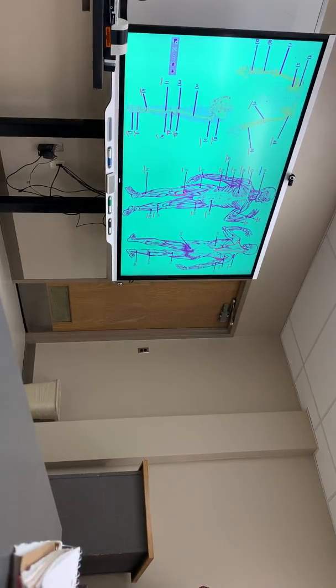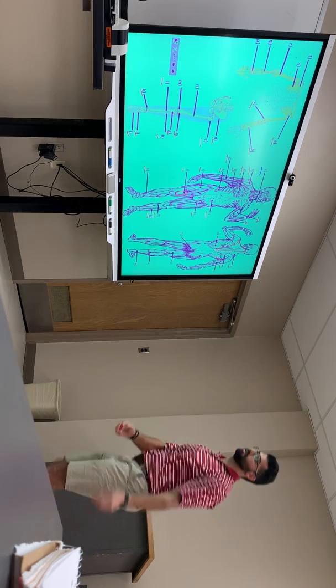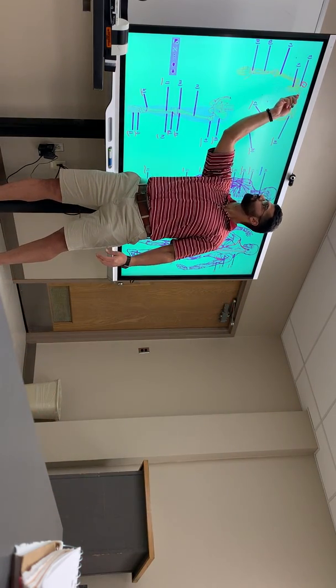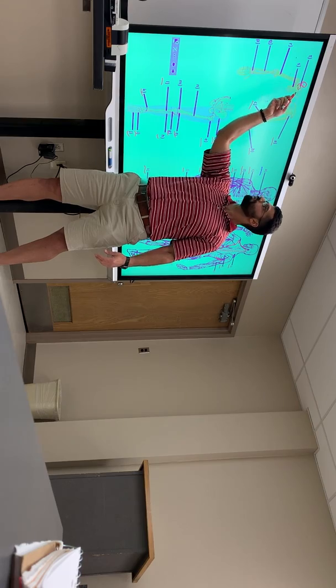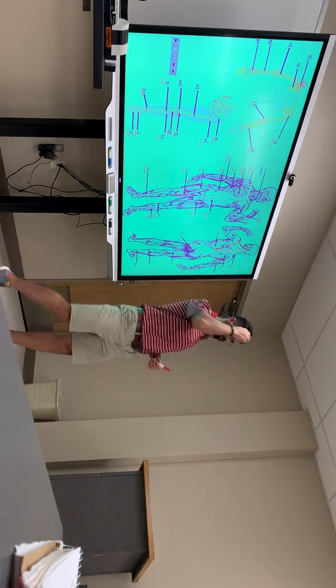This part is the coracoid process. This is the acromion process. So the acromion process is the one at the top that is forming a joint, the AC joint. But we're talking about this process. That one is the coracoid process.